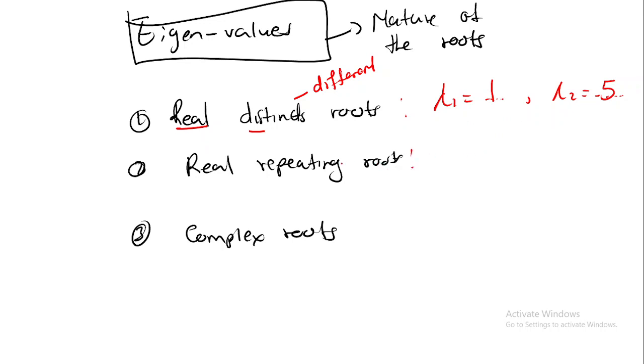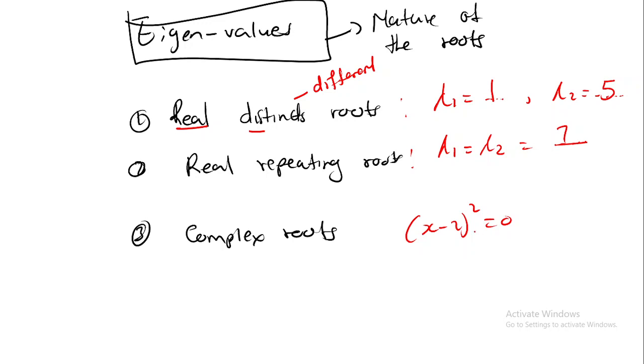Okay, let's move to point number 2, when the nature of the roots is real and repeating. What do I mean by real and repeating roots? For example, let's say we have lambda 1 equal to lambda 2 equal to something, in this case 7. Say you were solving for x and ended up with (x minus 2) squared equals 0.